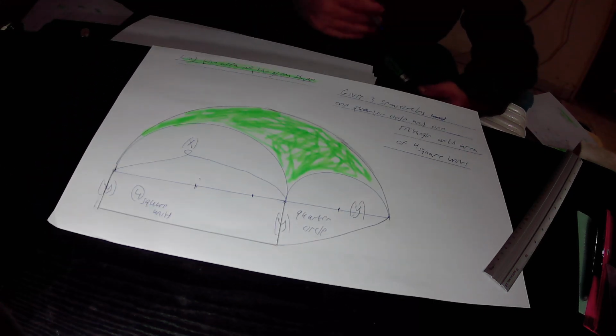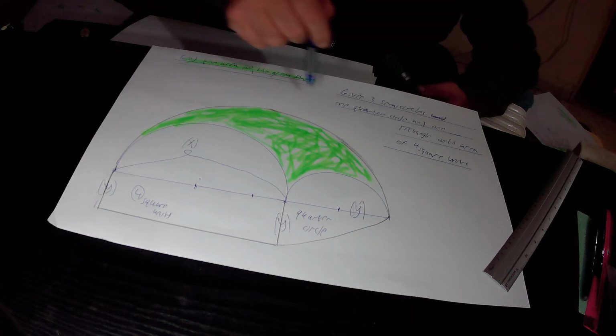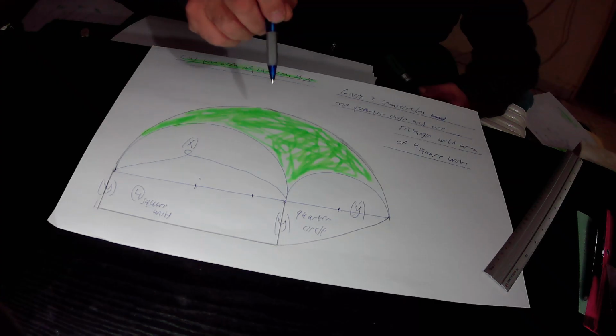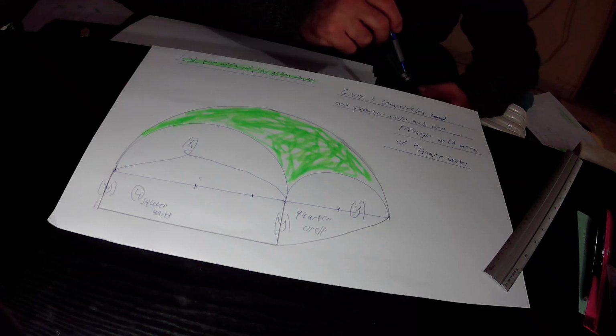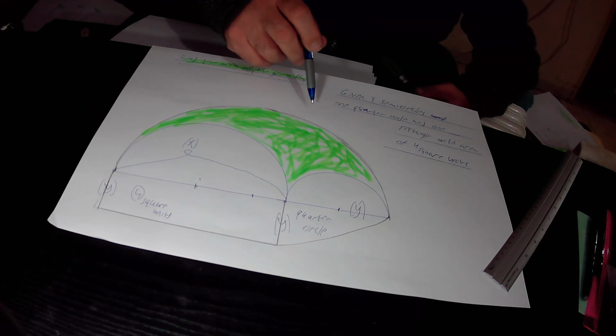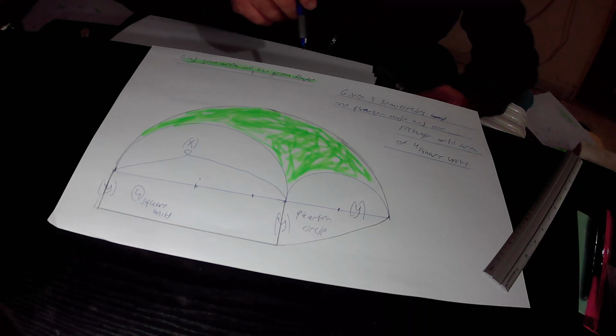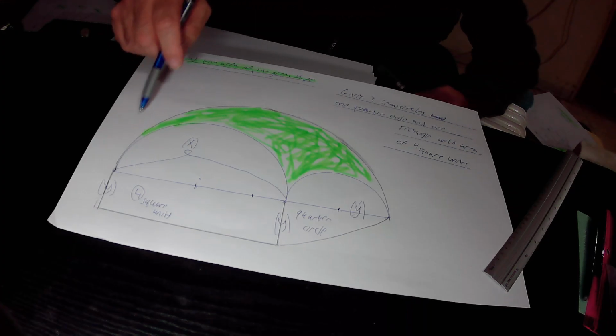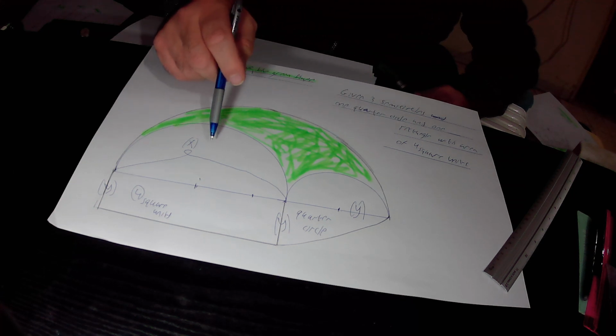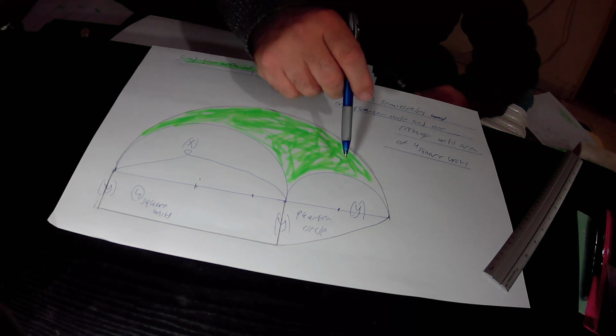From the drawing, it is very easy to see that the area of this green shape equals the area of the biggest semicircle minus the area of this medium semicircle minus the area of this smallest semicircle. Repeat again, the area of this green shape in total equals the area of the biggest semicircle minus the area of the medium semicircle minus the area of the smallest semicircle.